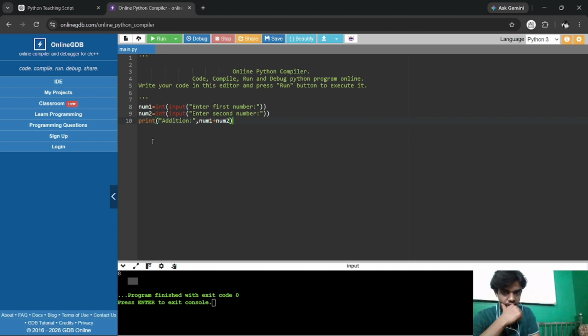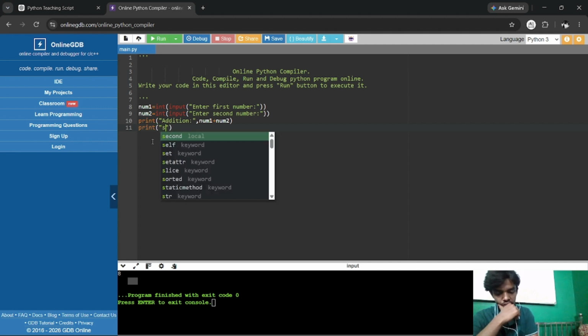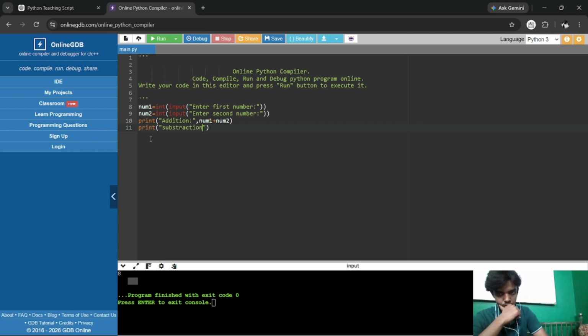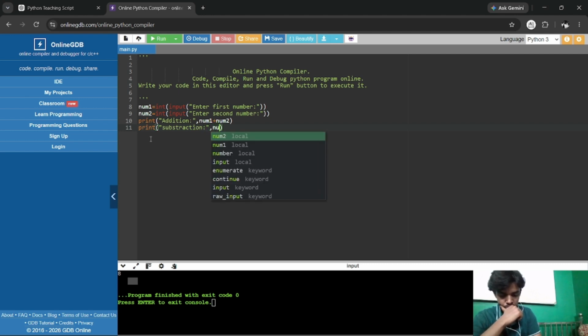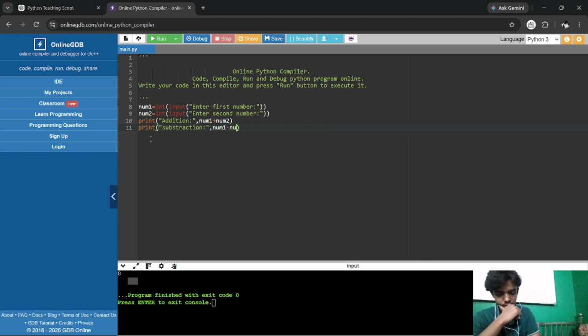Similarly, we'll have to write it for every arithmetic operator we learned today. So subtraction, num1 minus num2.